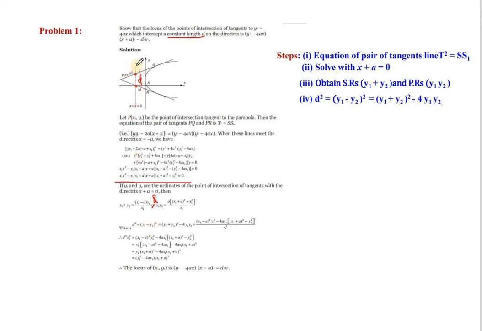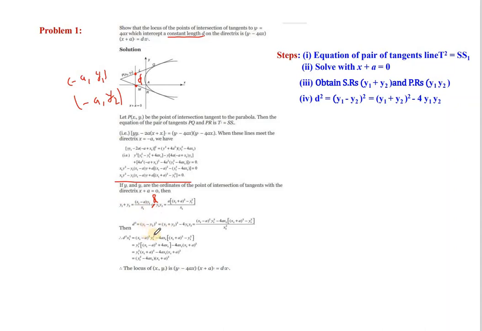See, it's a point on the directrix, so the coordinates will be (minus a, y1) and the other one to be (minus a, y2). So your x coordinate will remain the same. So when you find the distance, naturally the difference between these two, the square of it, will only be our d square. So this is what we have. Already we have got y1 plus y2, y1 y2.